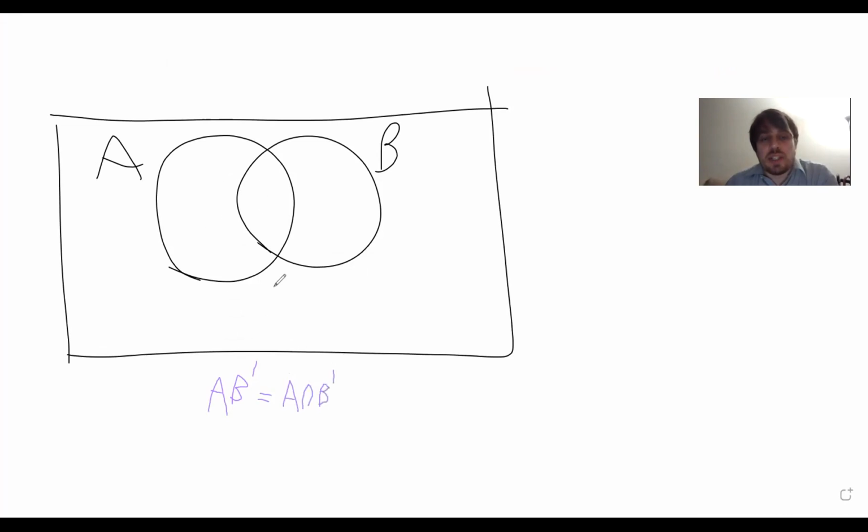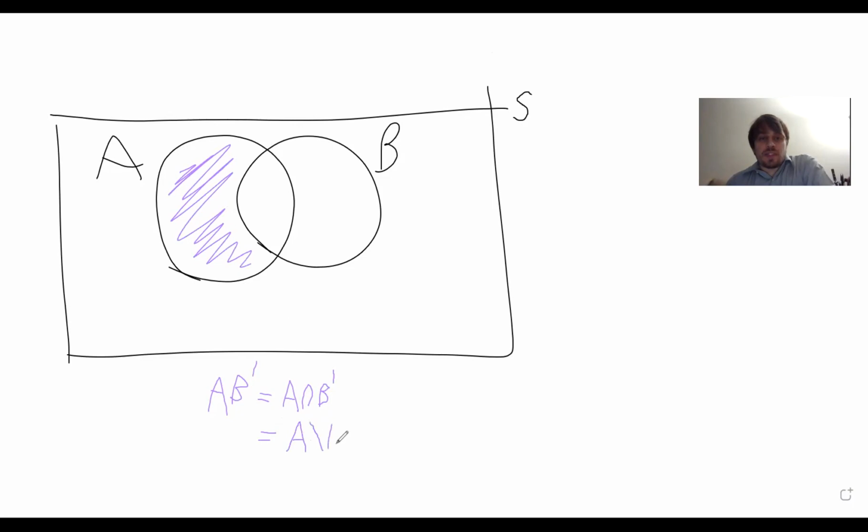So it's the elements that are in A and not in B, or the part of this Venn diagram that's in the set S in the circle A, but not in the circle B. And so this region is in the part in A and not in B. So it's that region.